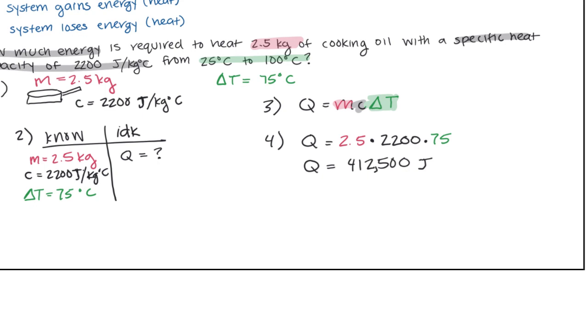That was quite a bit of heat and energy required to heat up 2.5 kilograms of cooking oil by about 75 degrees in temperature.